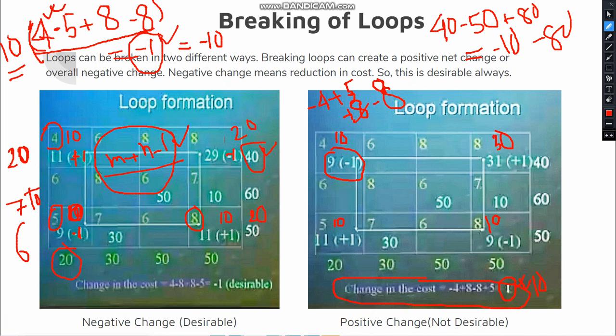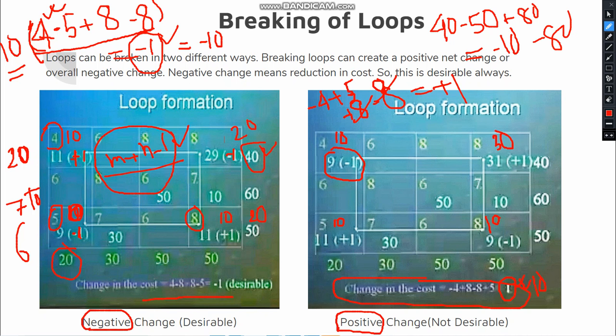Okay, so ultimately the change is positive. So you are achieving the same things, but in an opposite way. In the first case, the change in cost was negative, but here it is positive. So this is the difference.